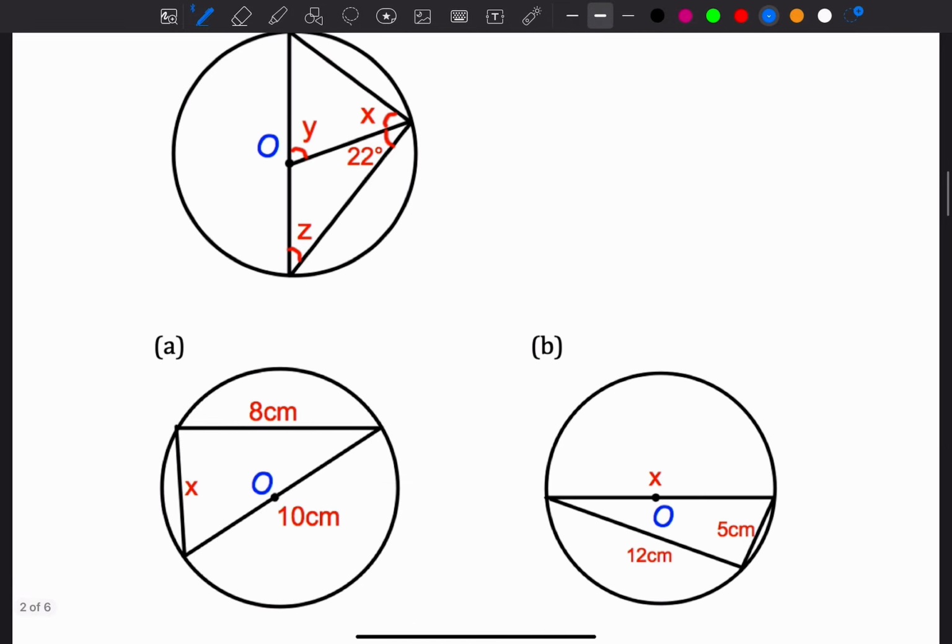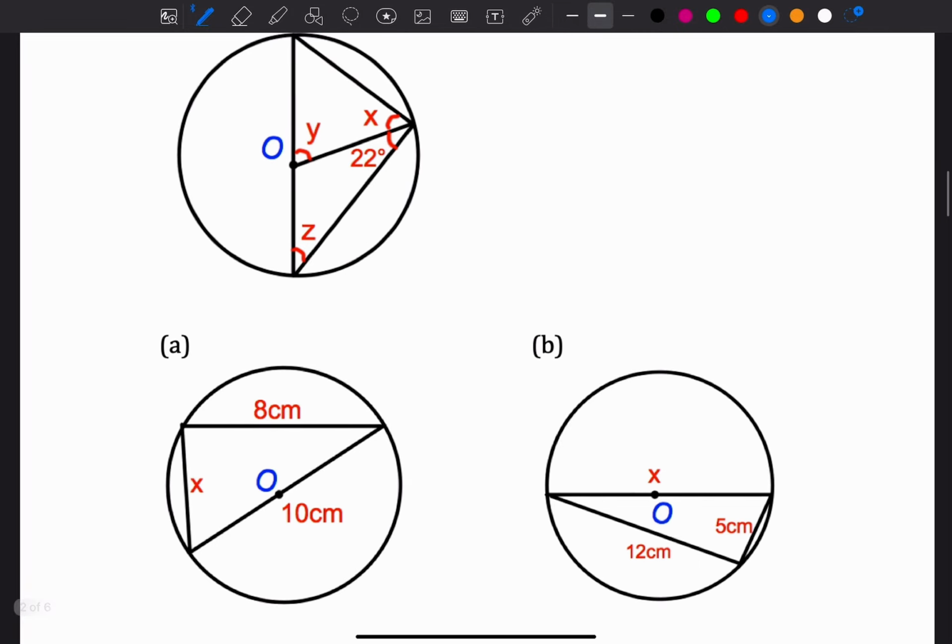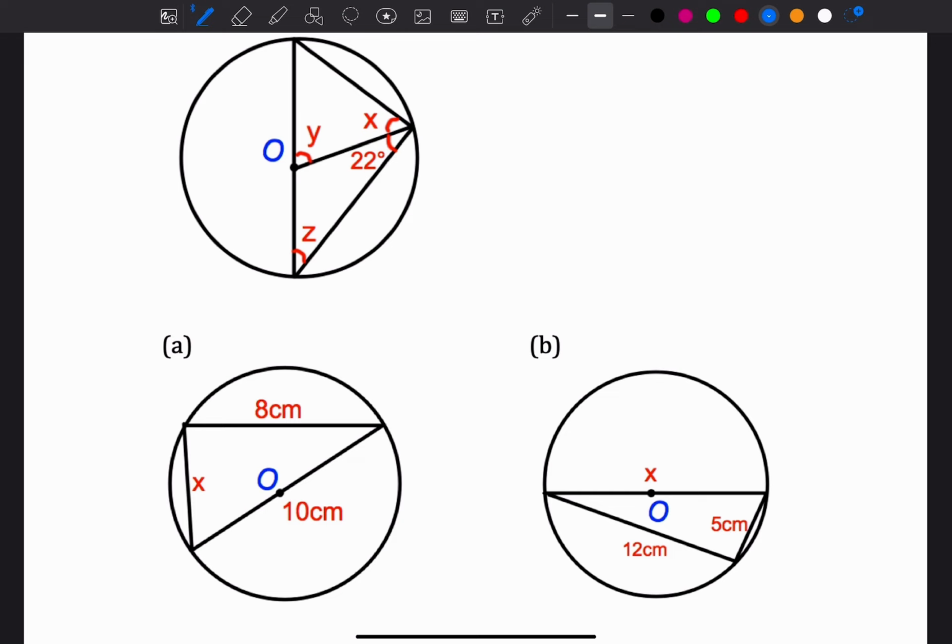Here, just a couple more questions and we will be done. If you look at this one, what is x and what is y? So remember, this is radius, that's radius, these are isosceles triangles. So technically this angle is the same thing as that angle, so that basically means z is 22.